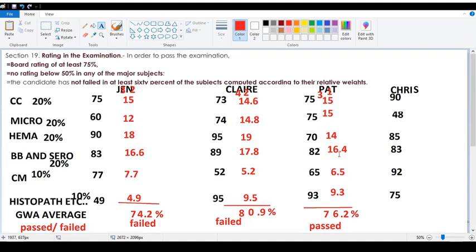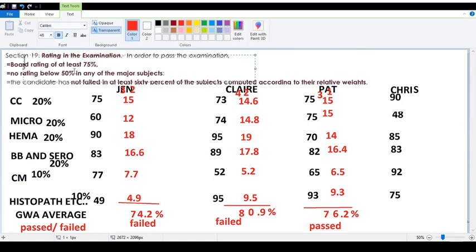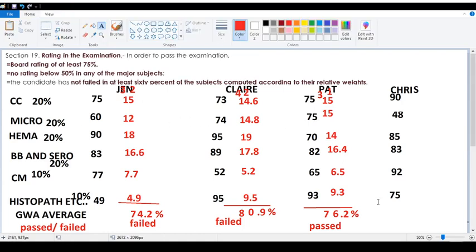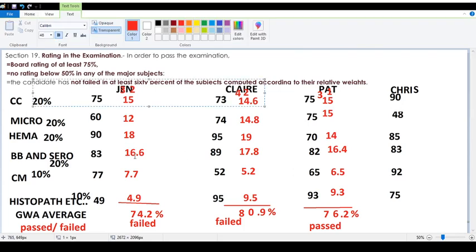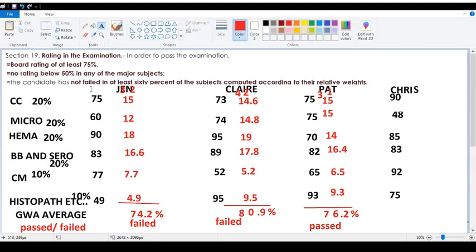Okay, passed. The rationale behind Pat passing the licensure examination is that he got a board rating of at least 75%, he had no rating below 50% in any of the major subjects, and he has not failed, or actually he passed in 70% of the subjects.